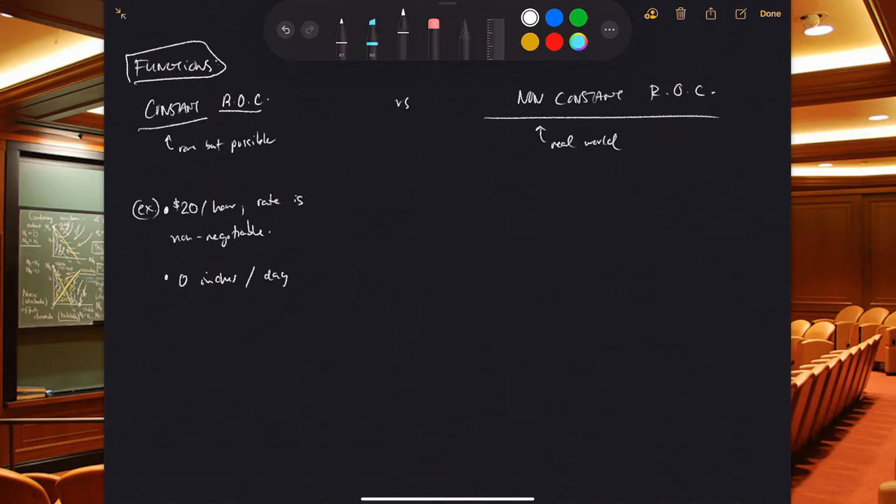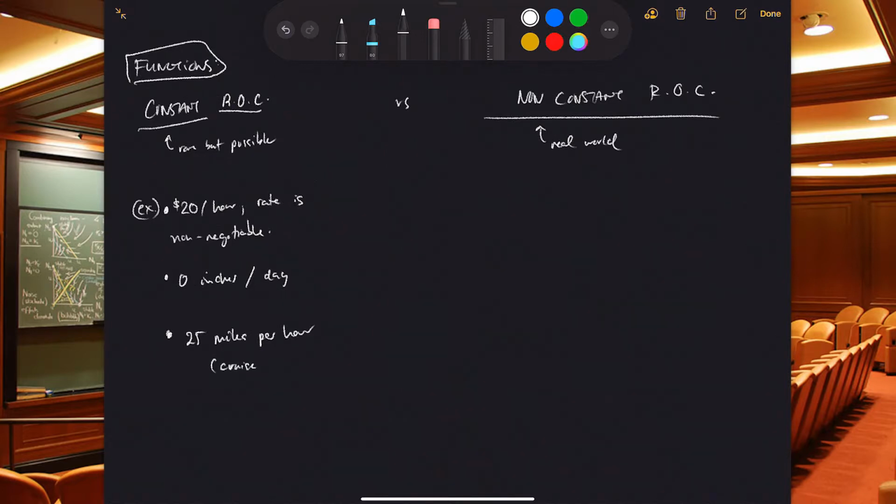But there are more constant rates of change that we'd be interested in. We have a wage. We might have something like a constant speed of, let's say, 25 miles per hour in cruise control.